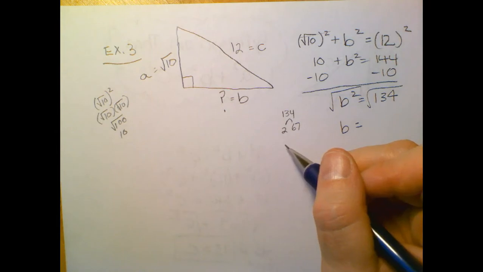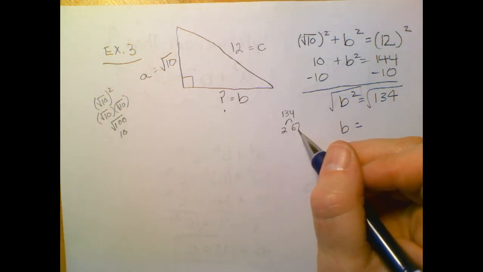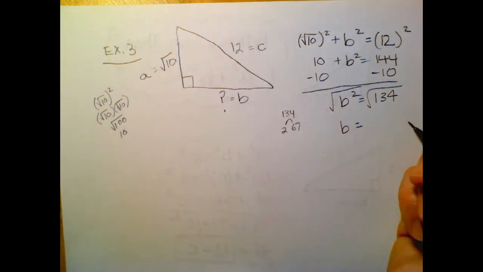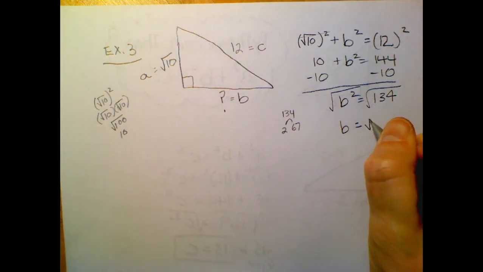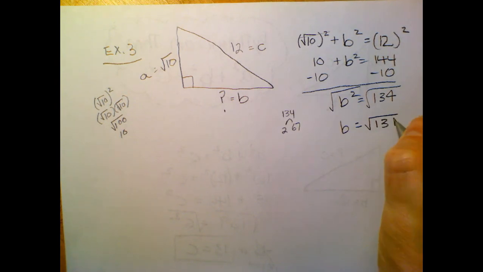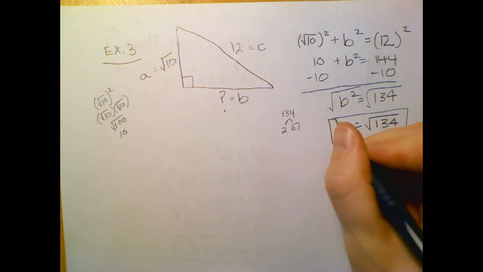And I think 67 is prime, right? It's not divisible by 2 or 3 or 6 or 7 or 5 or 4 or 8 or 9, 10. Which means the square root of 134 is the answer. And just keep it positive since we're dealing with triangles.